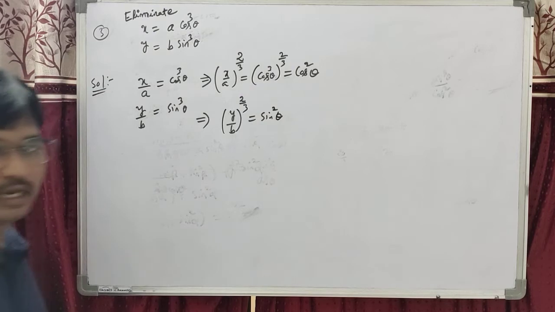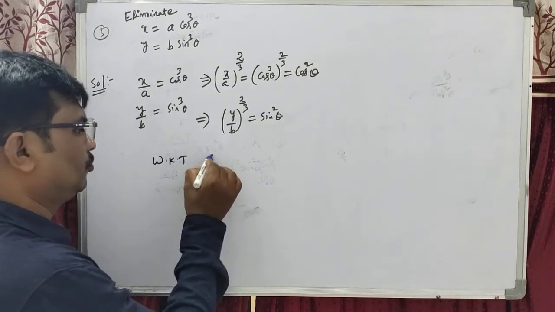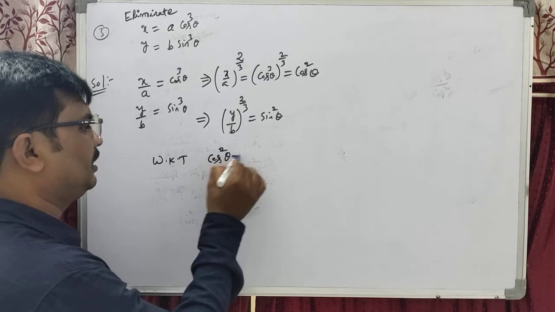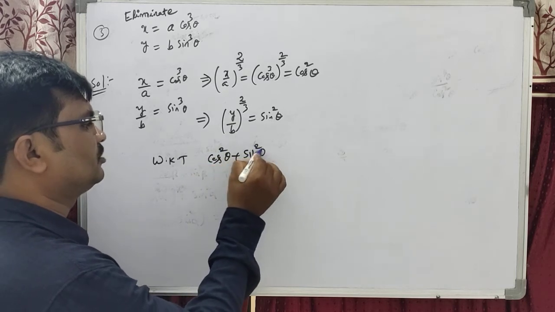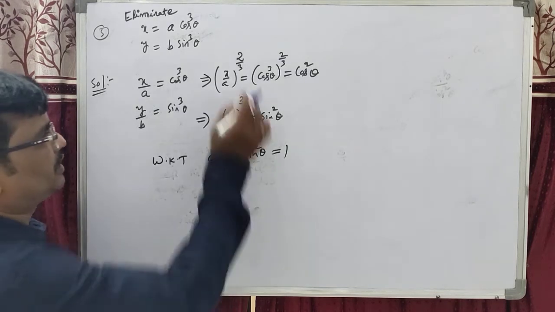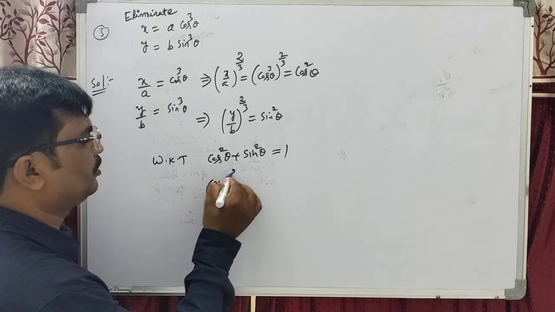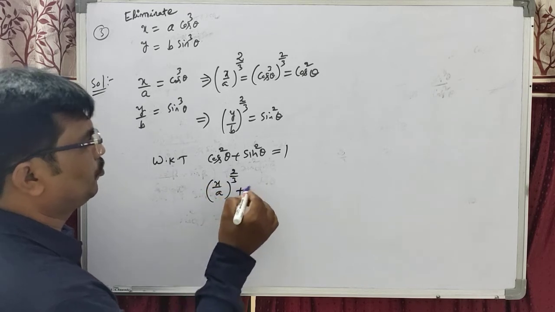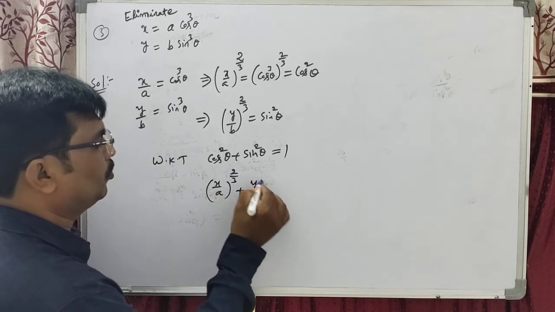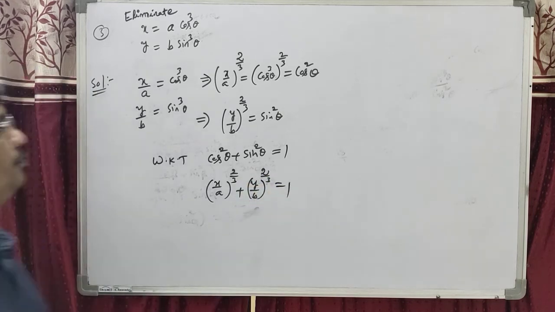Now we know that cos square theta plus sin square theta equals 1. Dear students, the cos square theta is here, x by a whole power 2 by 3, plus y by b whole power 2 by 3 equals 1.